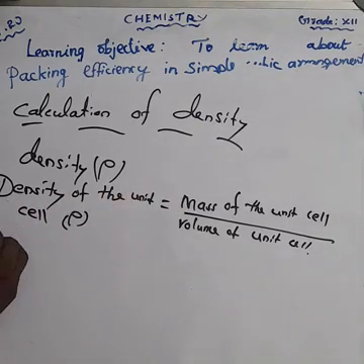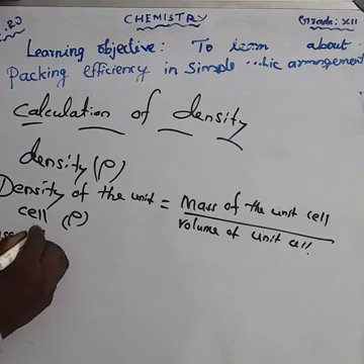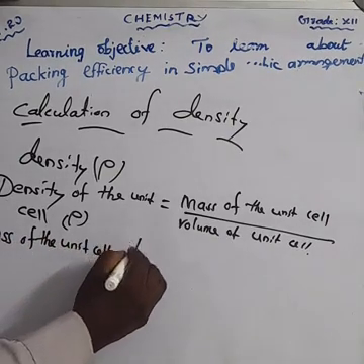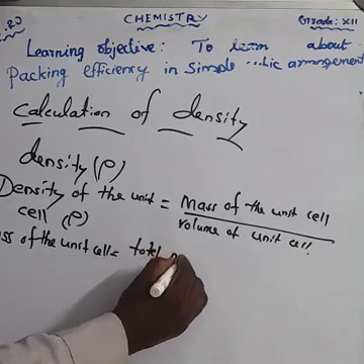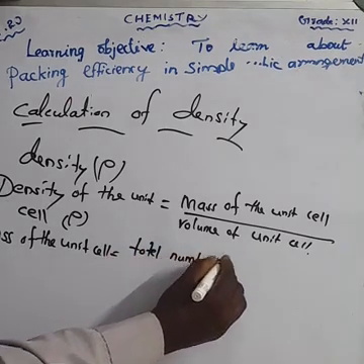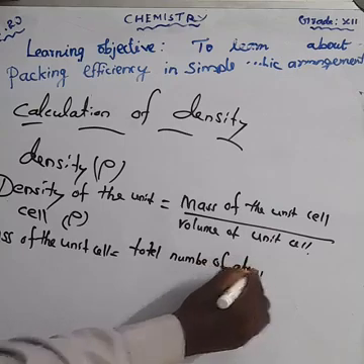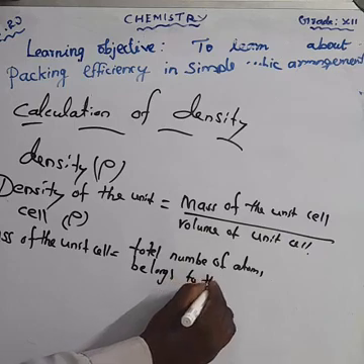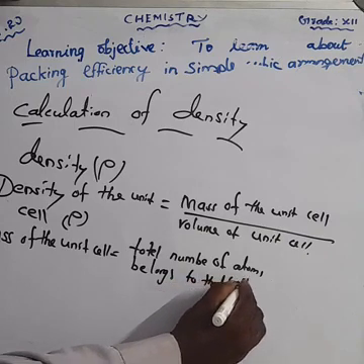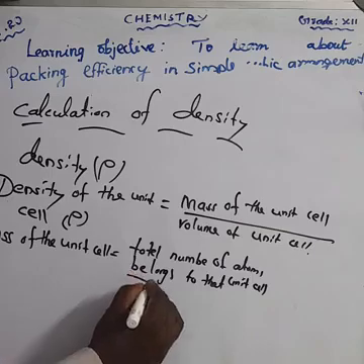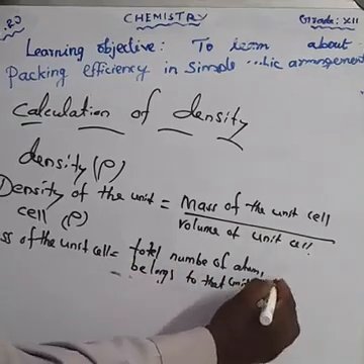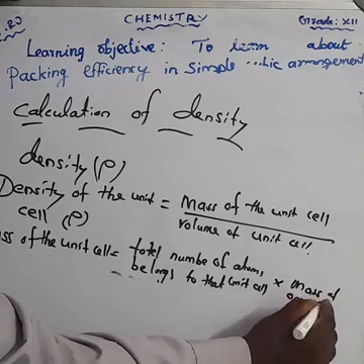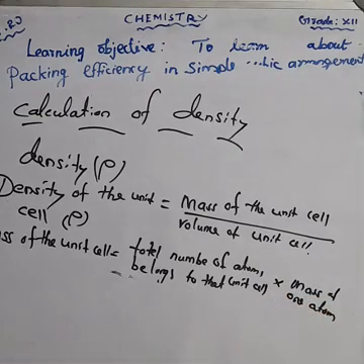Mass of the unit cell equals the total number of atoms belonging to that unit cell into the mass of one atom.